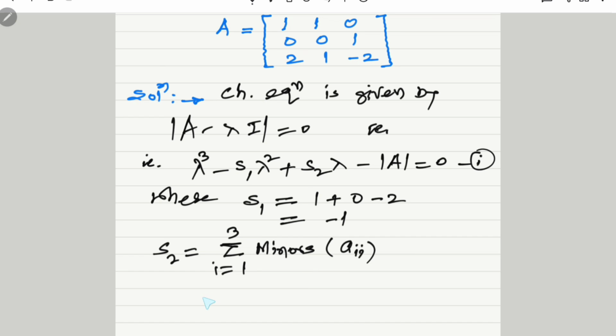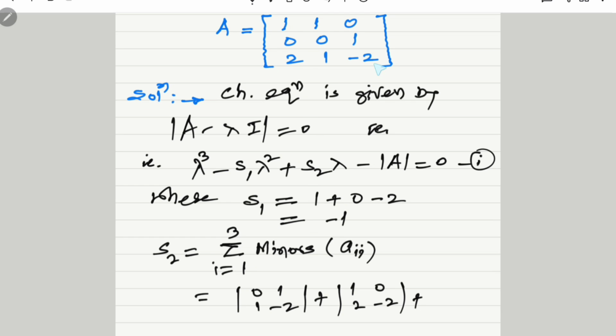Therefore, we first find the minor of the first diagonal element, neglecting first row and first column and taking the determinant of the remaining elements. Remaining elements are 0, 1, 1, minus 2. Then the minor for the second diagonal element, neglect second row, second column, determinant of 1, 0 and 2, minus 2.